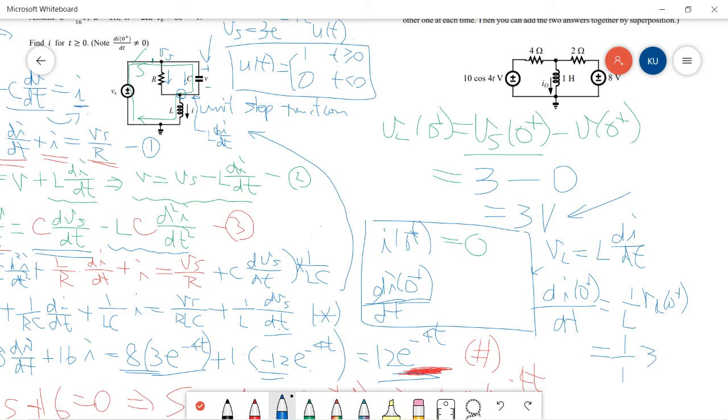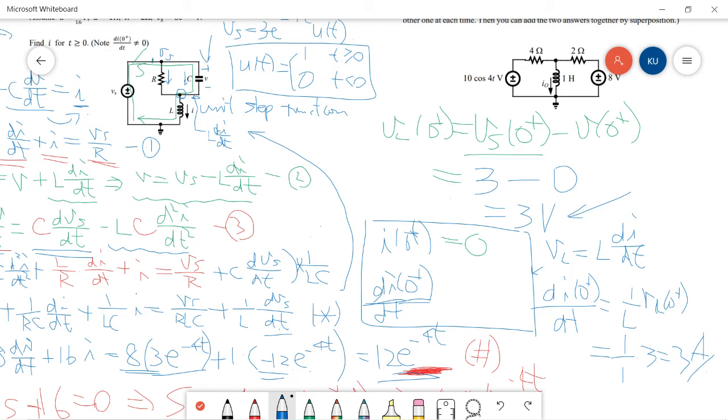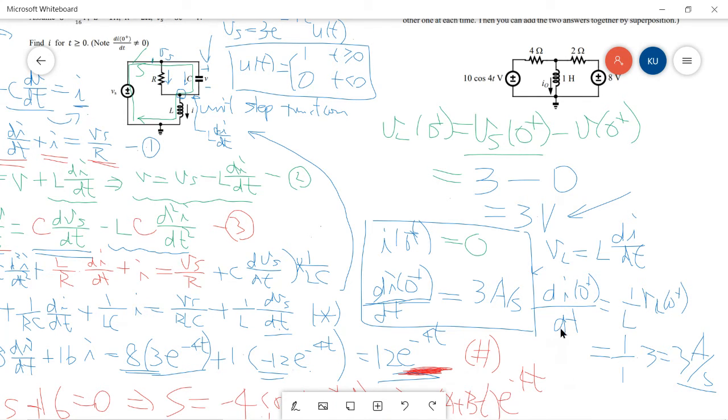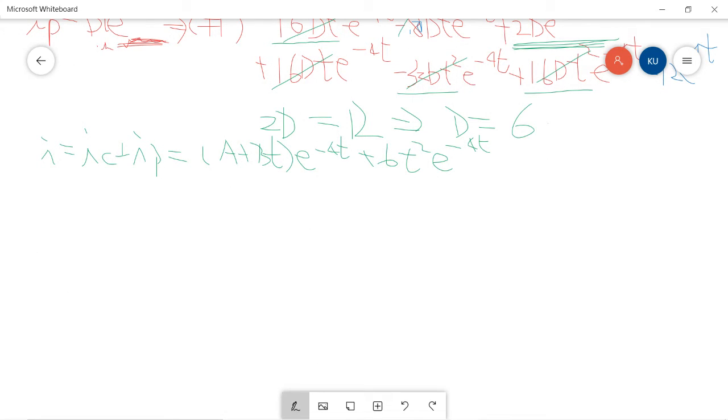So which is actually 3 A per second. So we have the initial condition. Then we can determine A and B.